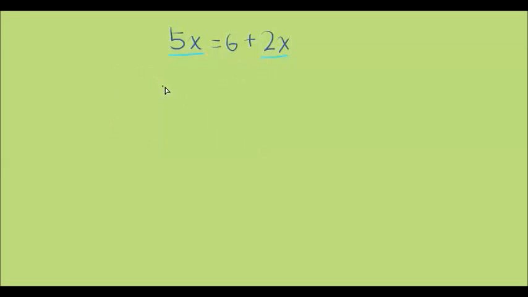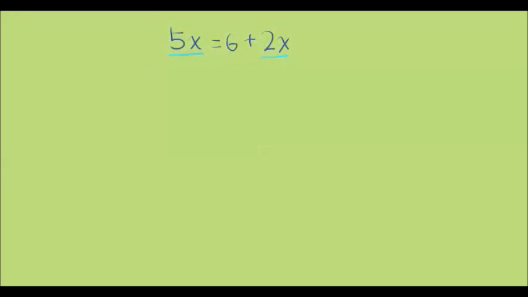To solve this, we need to get rid of the variable on one side, and we can get rid of either side. We can get rid of the 2x, or we can get rid of the 5x. Either one would work, you can just choose either one.